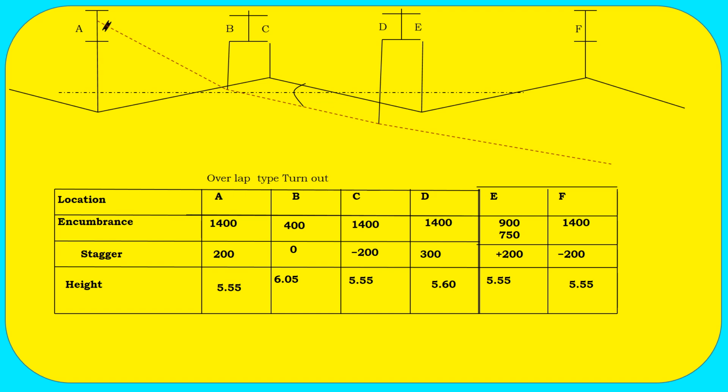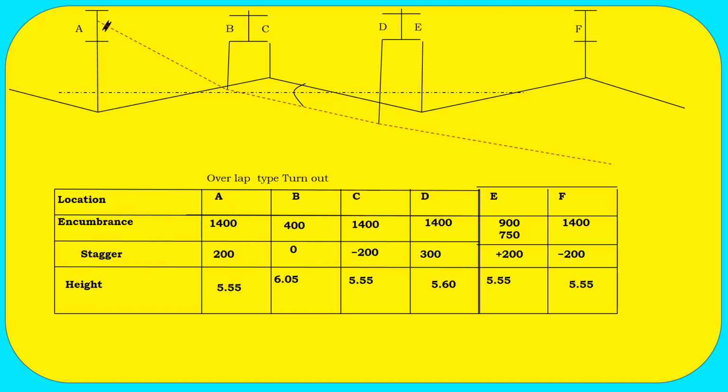Next is F. F purely catches the main line, so it is normal: 1400 minus 200 and 5.55. And for power supply continuation we have provided a G jumper between the mainline and the turnout OHE near the second mast, 5.6 meter away from the center of the mast.